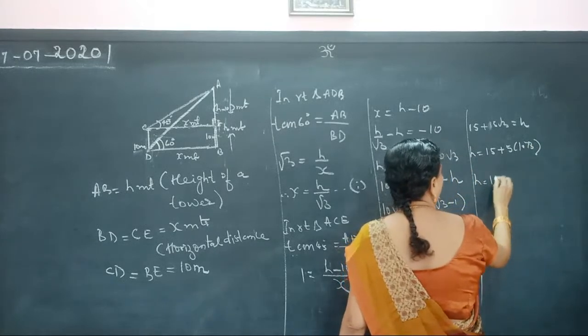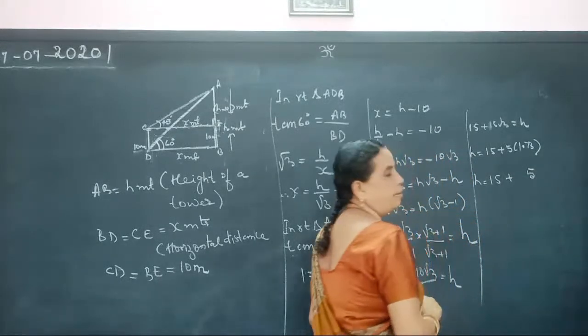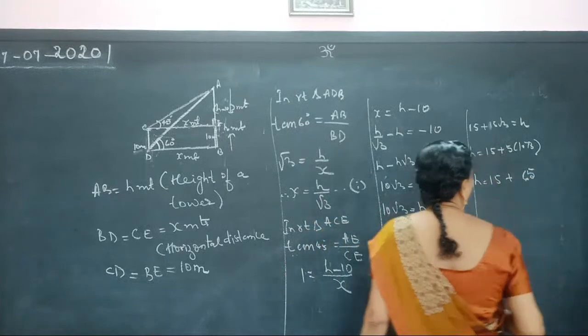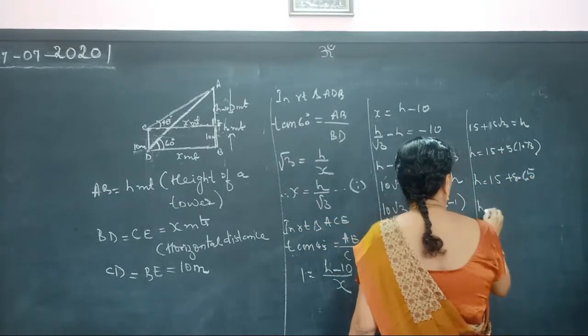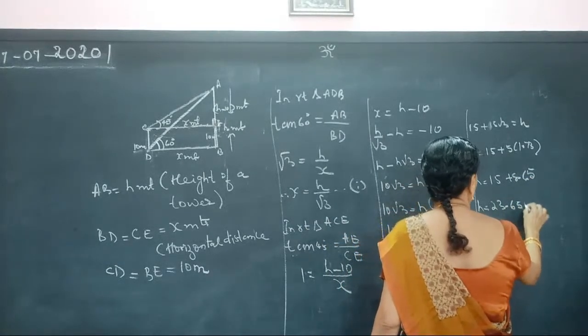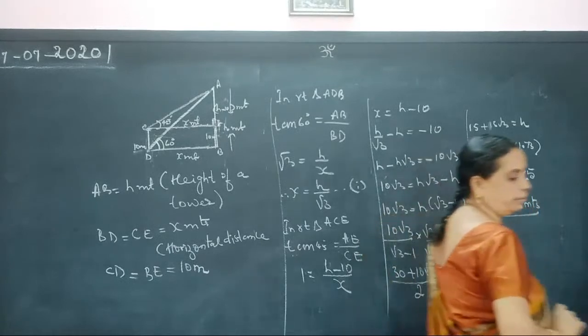H equals 15 plus, 5 threes are 15, 7 fives are 35 plus 1, 36, 5 ones are 5 plus 3, 8. Add it, you will get 23.65 meters as height of the tower.